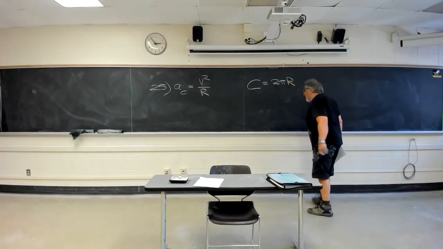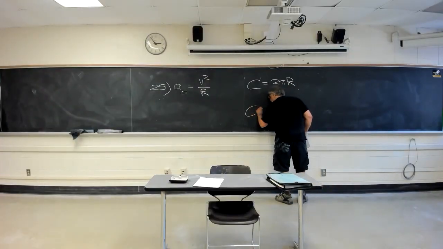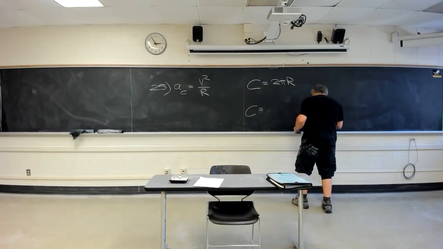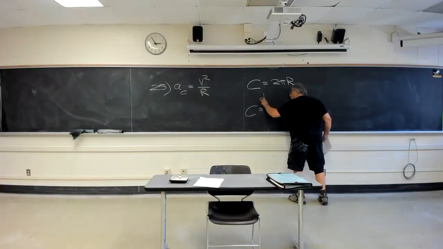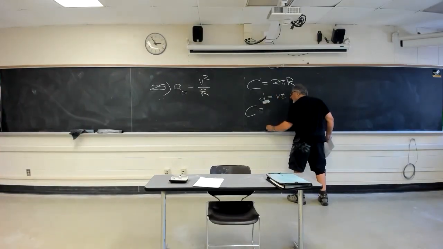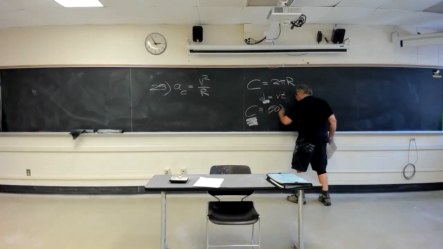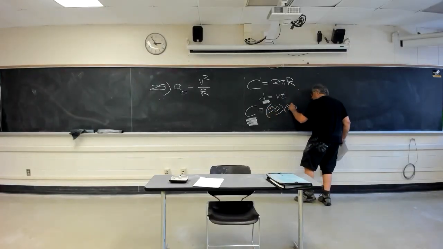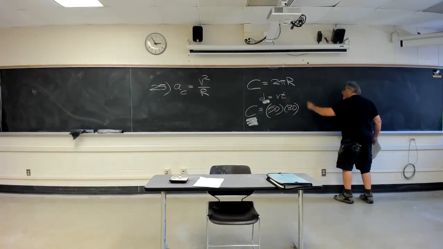If they don't give you the circumference, you can find it. If the circumference is the total distance to go around one lap, the distance covered is v times t. The distance is the circumference. It's going 50 meters per second for 80 seconds. That's to do one lap. To do one lap is the circumference.